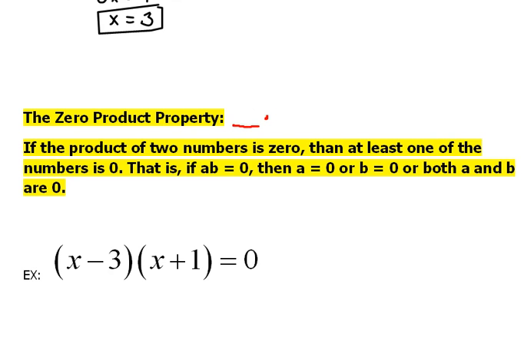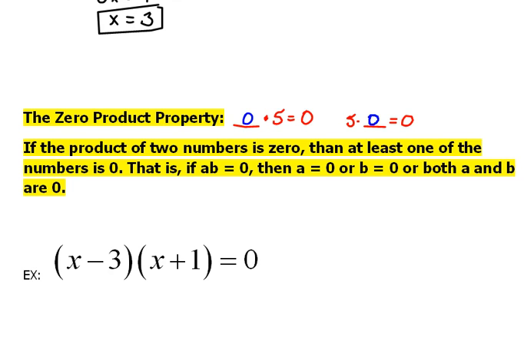What do I have to multiply times 5 in order to get 0? Well, the only thing that I can multiply times 5 and get 0 is 0. What if I said 5 times what number is 0? What does that number have to be?